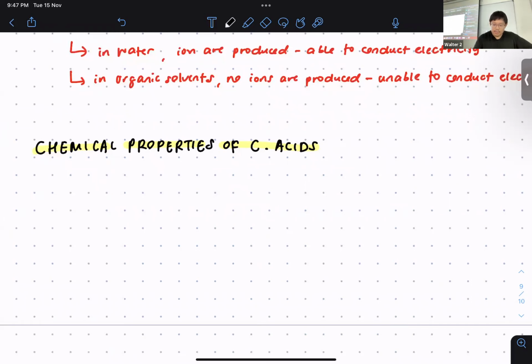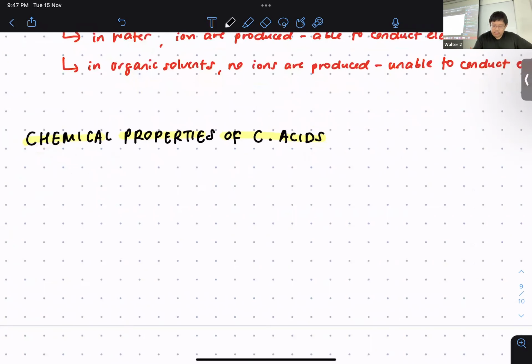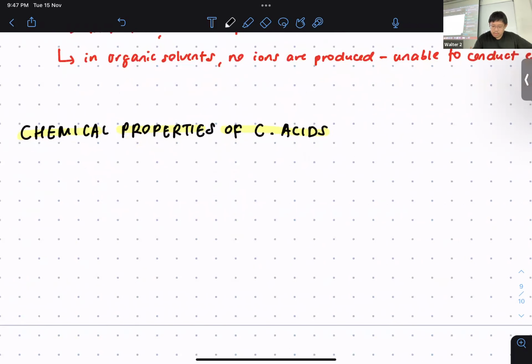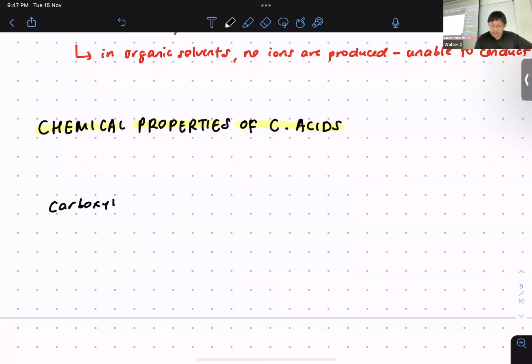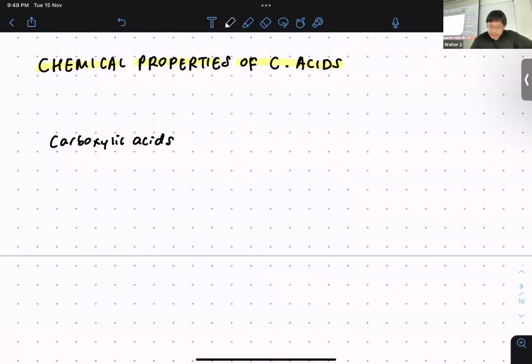Meaning to say, carboxylic acids can react in 4 different ways. First of all, they can react with metals. They can react with metal oxides. They can react with metal carbonates.